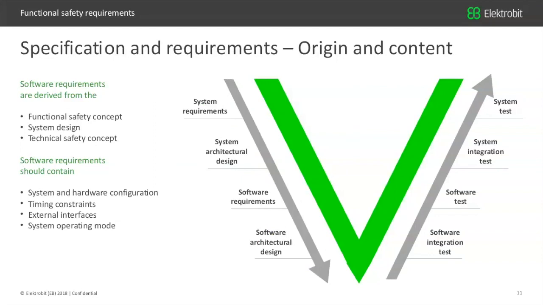Okay, so how do I get to the functional safety requirements, the technical functional safety requirements, and what should be the content of them? So what do I need to look at if I have a safety goal or safety features in my ECU?